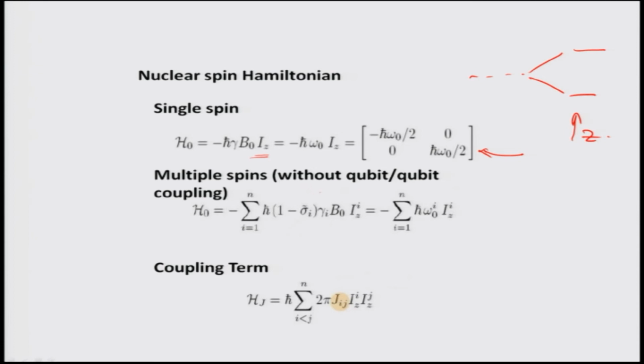Whenever we have multiple spins without qubit coupling, then they would essentially scale with respect to the applied magnetic field. The coupling term is the one which is represented by the spin-spin interaction which goes along with them, which is the J coupling in this particular case.